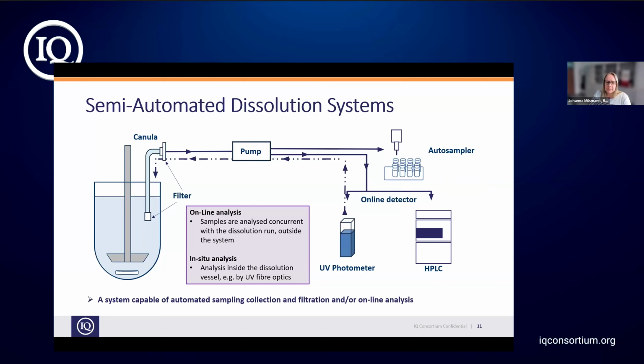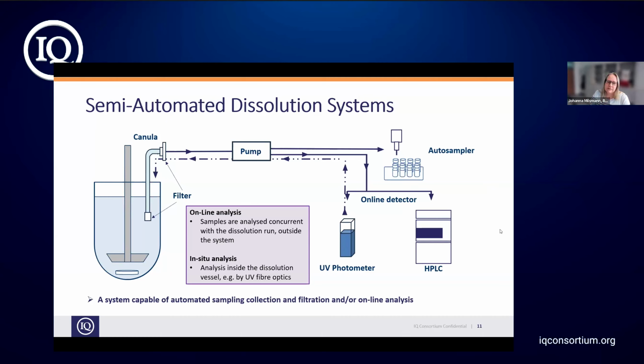So we define online analysis as when the sample is analyzed concurrent with the dissolution run outside the system. If you look at this graph here, that would mean the sample is pumped through the tubing to the photometer and maybe back again and analyzed right beside your dissolution system. So it's sort of in time, but a couple of seconds later than it would be in the vessel.